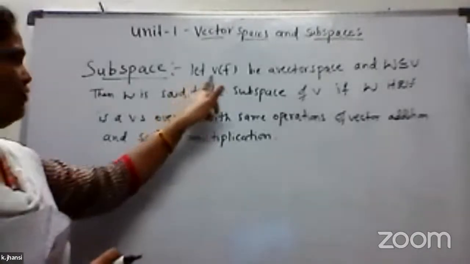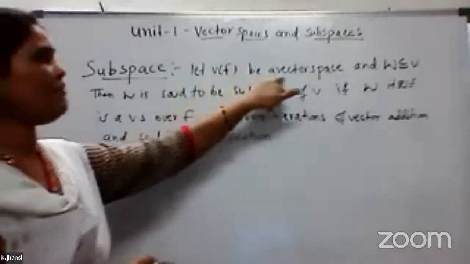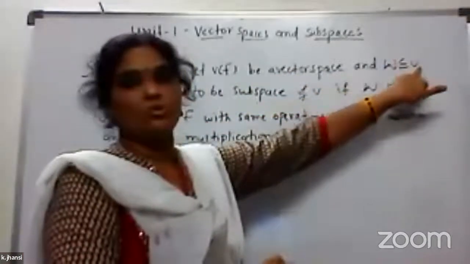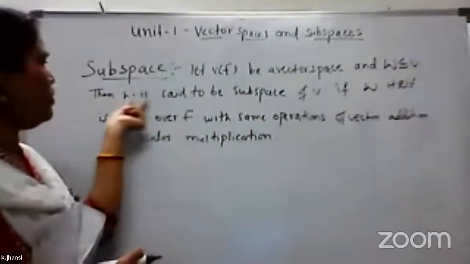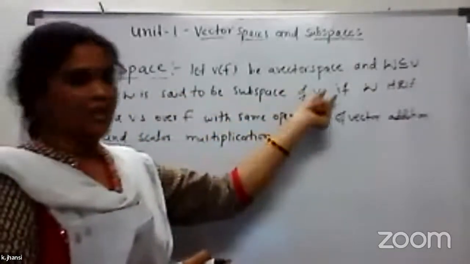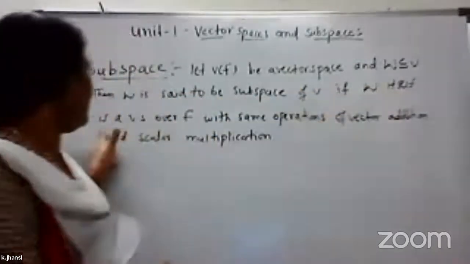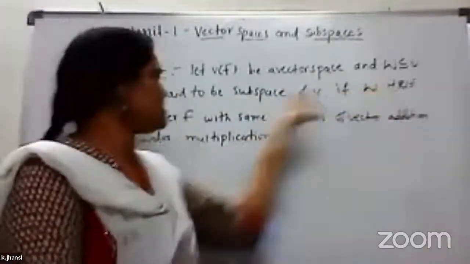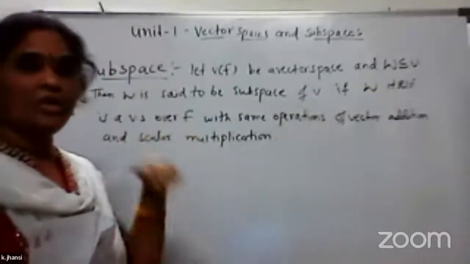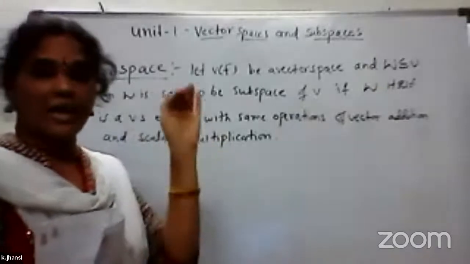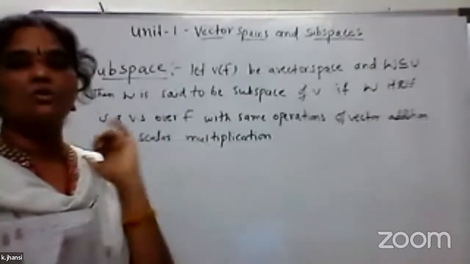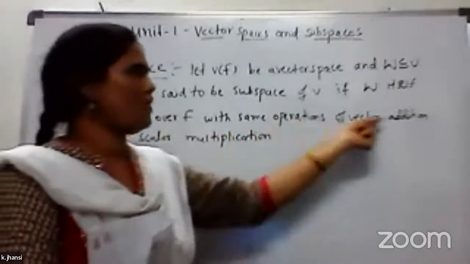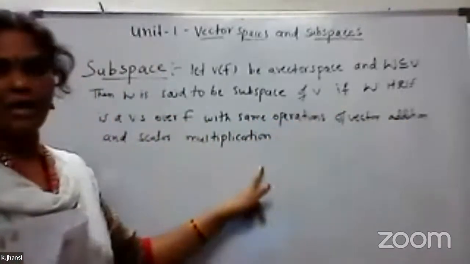This is the actual definition of the subspace. Let V of F be a vector space and W is a subset or equal to V. Then W is said to be a subspace of V if W itself is a vector space over F. This sentence tells that W has to satisfy all the 9 properties, then only it is called a vector space, with the same operations of vector addition and scalar multiplication.